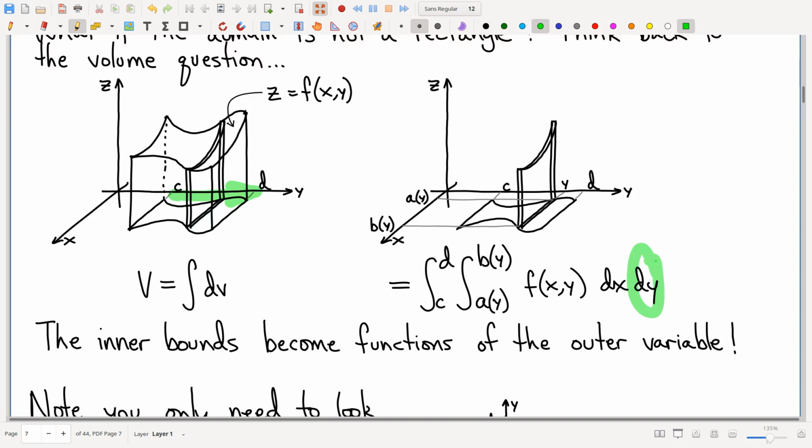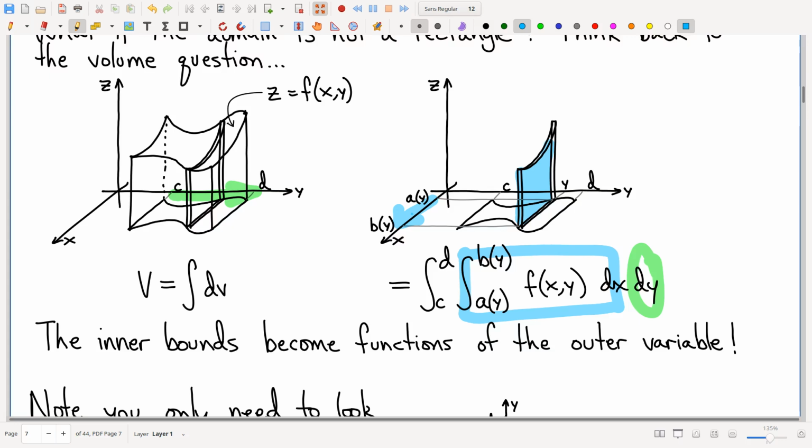And then for the inside integral, this whole inside integral really is just an attempt to compute this cross-sectional area. And so the integral in the x direction represents that cross-sectional area. Right? Now, we didn't visualize things this way in practice because this is a harder picture than necessary.